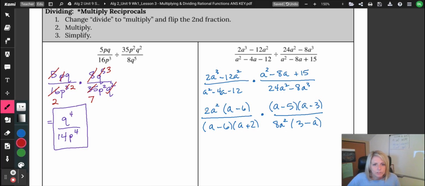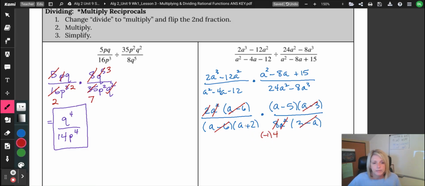Okay, now let's see what we can cancel. I have a 2 here and an 8 here, so this will reduce down to a 4. My a squareds will cancel. The a minus 6 will cancel. And I have an a minus 3 and a 3 minus a. So remember, those will cancel, but then I'm left with a negative. And so I'm going to go ahead and put that negative down here by the 4 so I don't forget it.